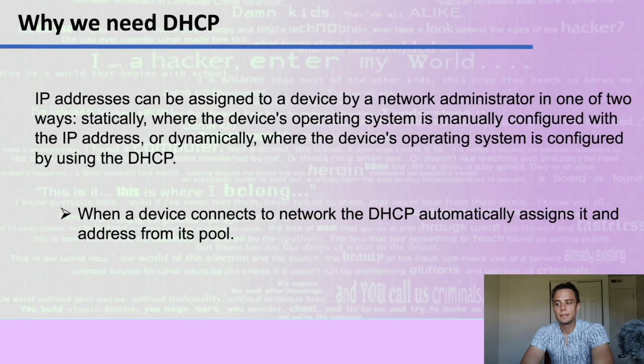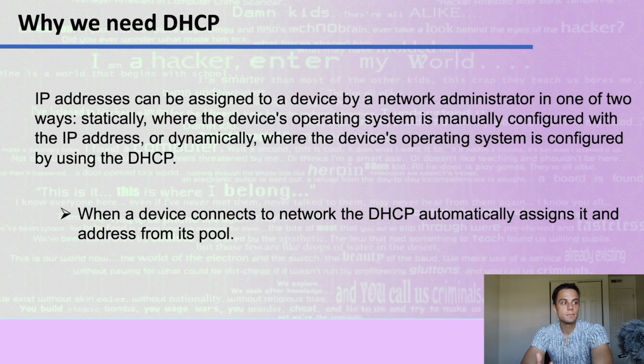An IP address can basically be assigned to a device or network in two ways. The first way is to manually configure an IP address, which is the static way of doing it, and the second way is to do it dynamically, where the device operating system automatically configures an IP address, and the tool that is doing this is called DHCP.